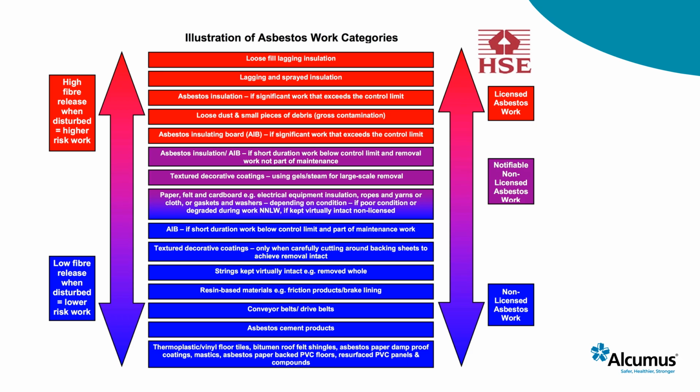As well as the physical and procedural control measures that must be implemented, anyone involved in working on asbestos-containing materials should receive the right level of training to enable them to work safely and carry out their task.